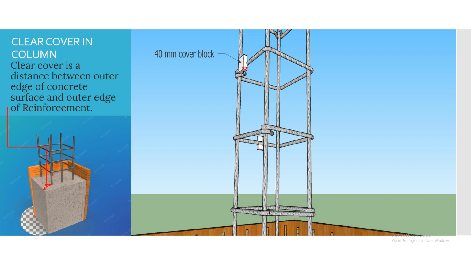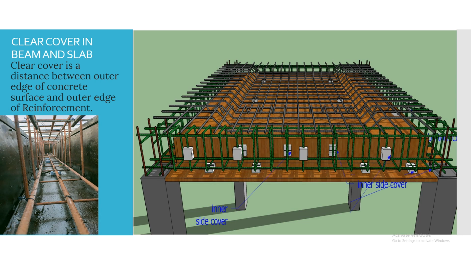Okay, if you understood better, I will repeat again. Clear cover is the distance between the outer edge of concrete to the outer edge of the reinforcement bar. दोघांमधलं जे काही अंतर आहे, that is your clear cover in the concrete. मोबाईलचा cover नाही. Next, further is clear cover in a beam and slab.